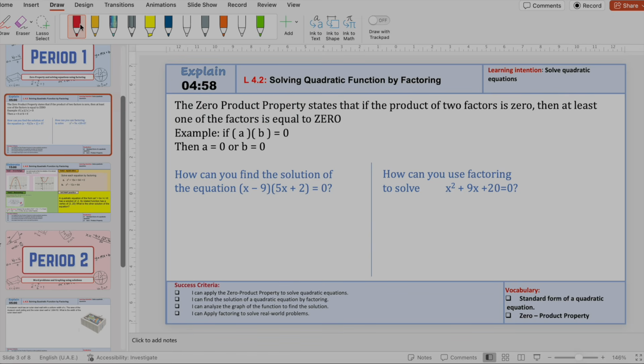The whole goal of the lesson is to find the zeros or the solutions by factoring. If you remember, the zeros or the solutions are the values of x of the function that will make the y 0. So we also call them x-intercepts. This is another solution or x-intercept.